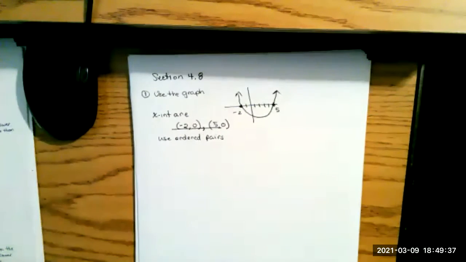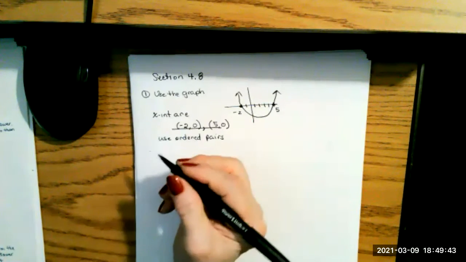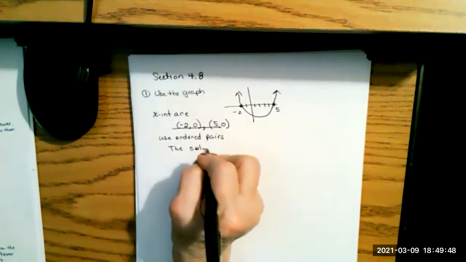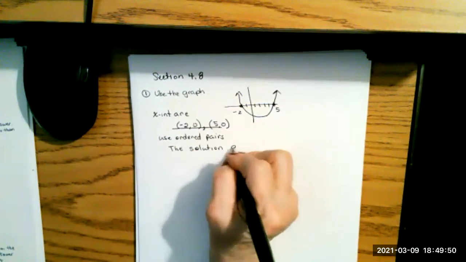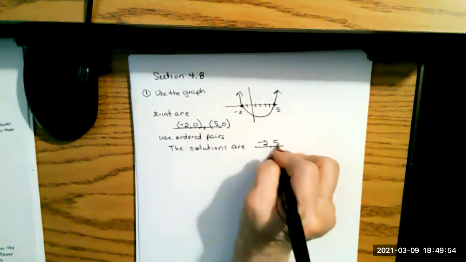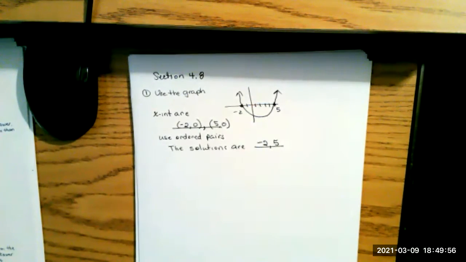That's correct. Don't forget to put the comma between your two parentheses. I don't think they'll count it wrong, but they might. Then there's another blank that says the solutions are -2, 5. That's correct.